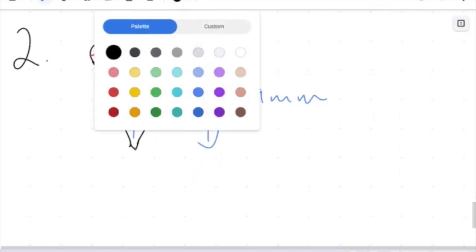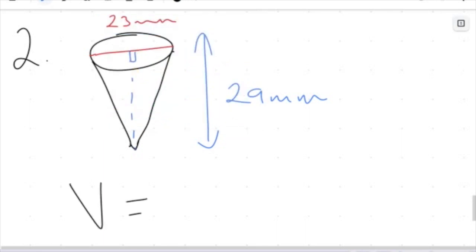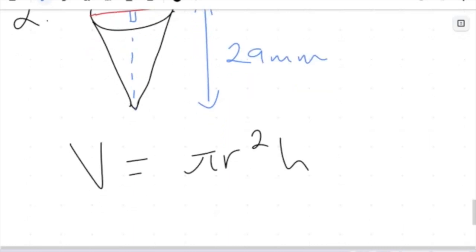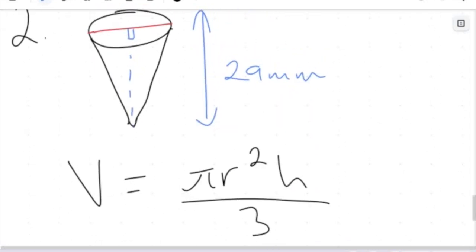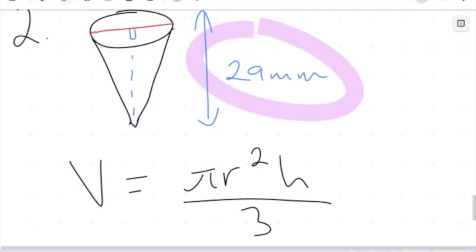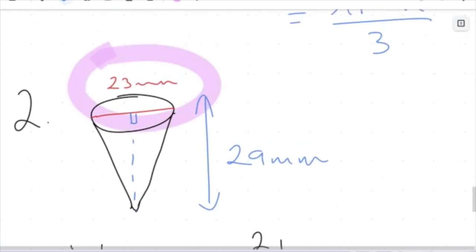Now, the volume, as we said before, is going to be a third of the volume of a cylinder with the same dimensions. So pi times the radius squared times the height divided by 3. Now that we have this formula that's universal and we can use for any cone, we just need to substitute in the values. I know my height is 29, but this length here stretches from one side of the circle to the other side.